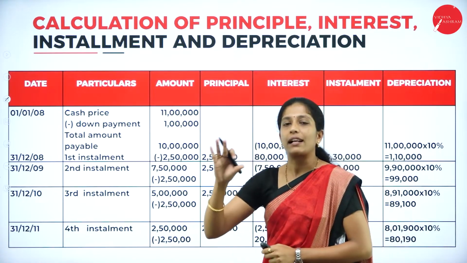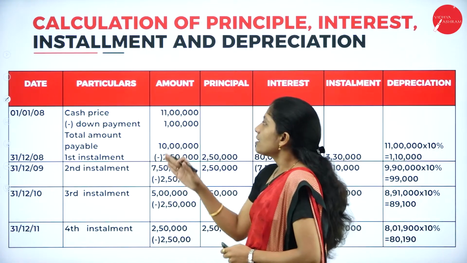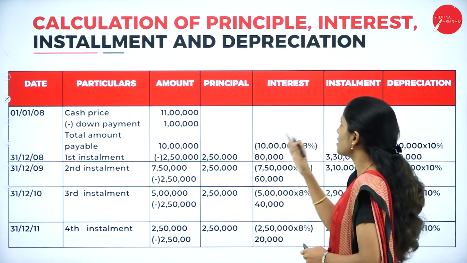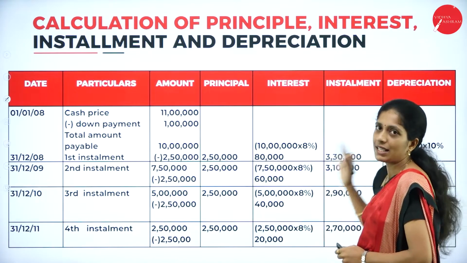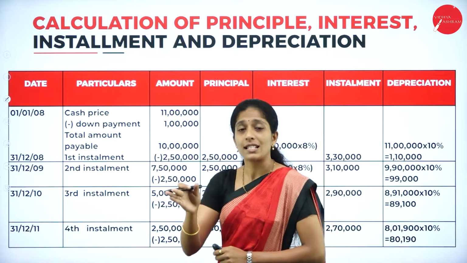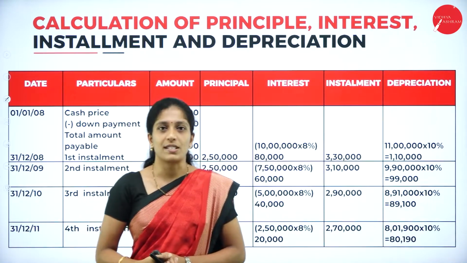We are going to calculate all these in one particular table. Your format will be like this: date, particulars, amount, principal, interest, installment and depreciation. This is the format where you are going to calculate interest, principal, installment as well as depreciation.